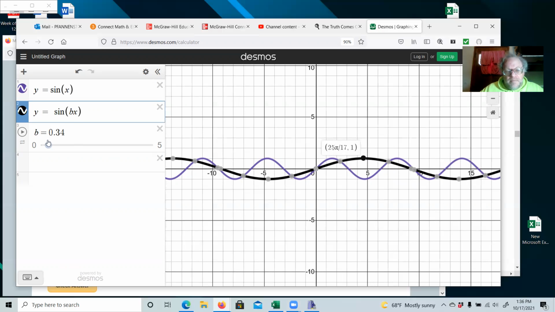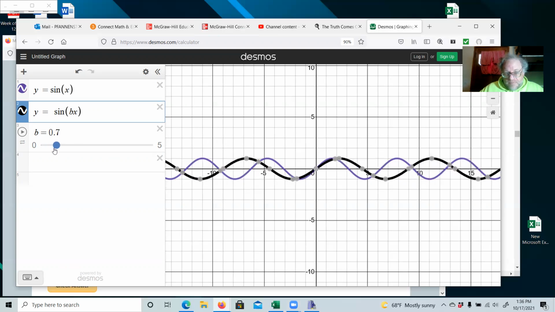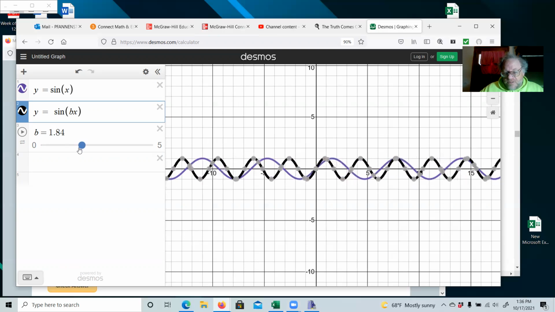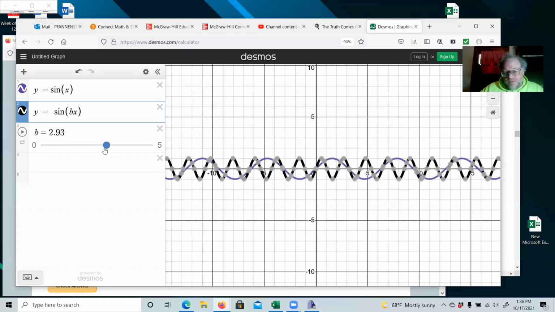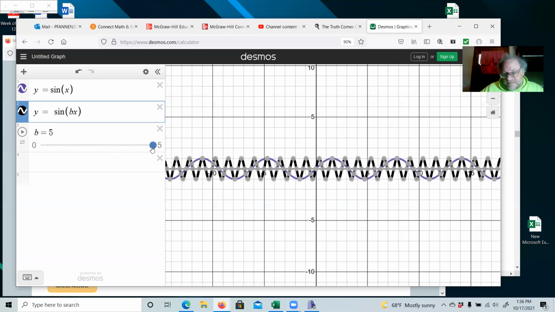The range of the function is not changing. The y values don't change, they're just being spread out. And again, when we get back to 1 and we push it forward, it's going to look like it's squeezing in. Again, the range, how high and low it is, is not changing.